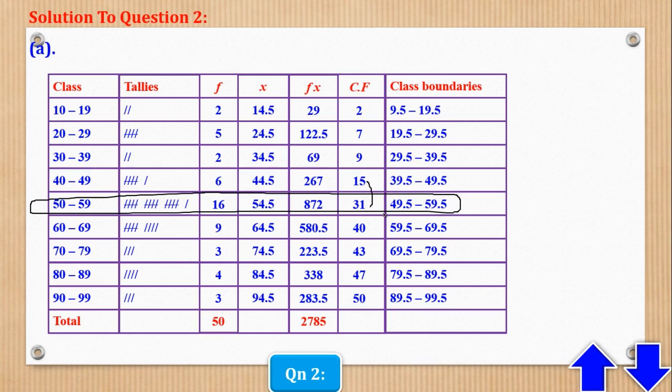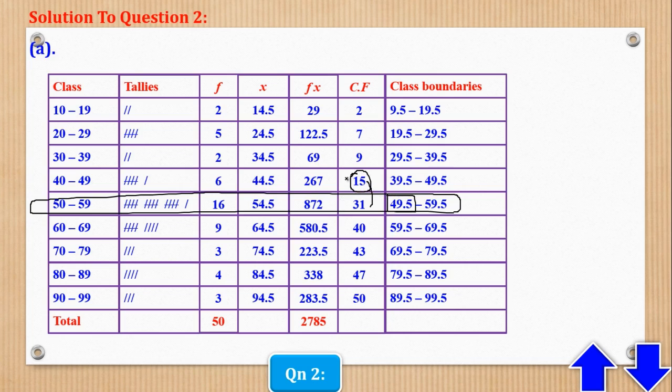Now from this row, we can get the class width. Okay, let's start from the lower class boundary. The lower class boundary of the median class is 49.5. That's what we shall use. Then we shall go to the cumulative frequency before the median class, which is 15.